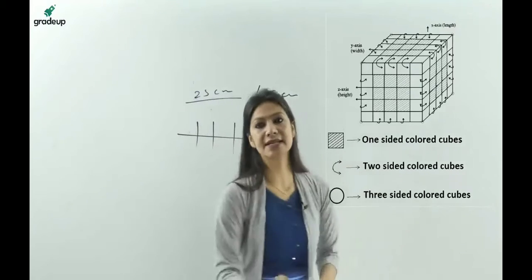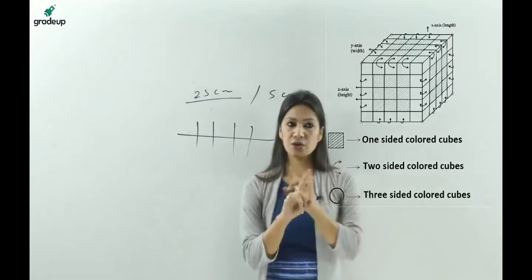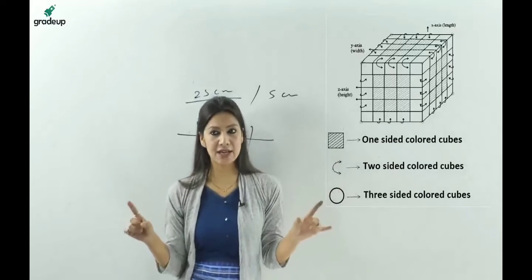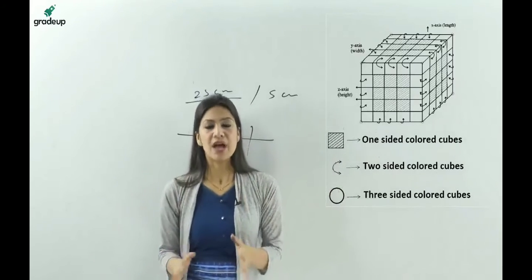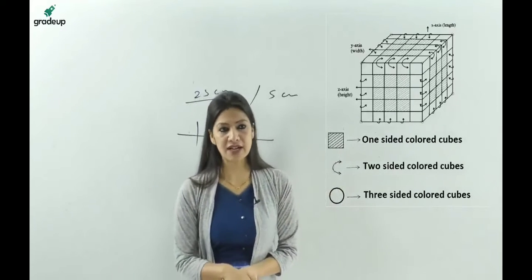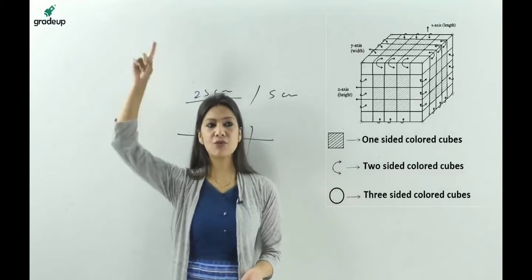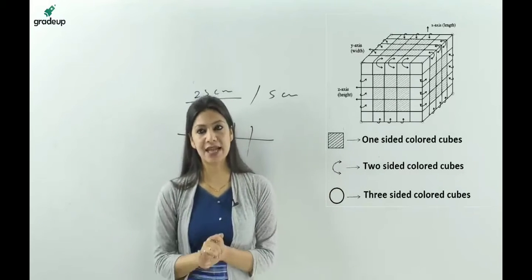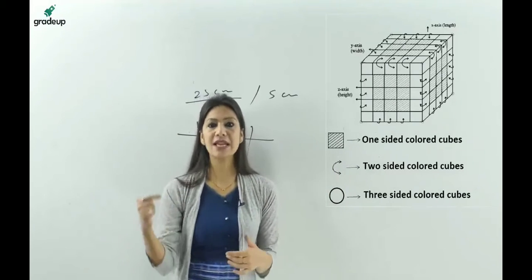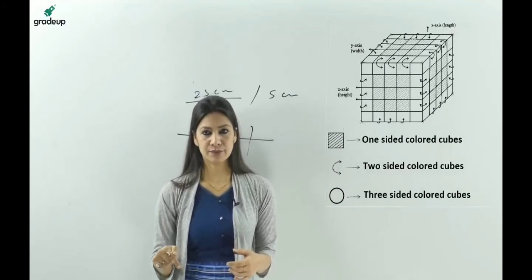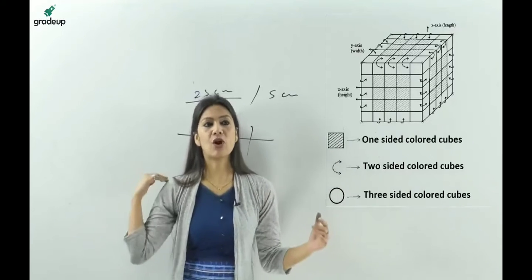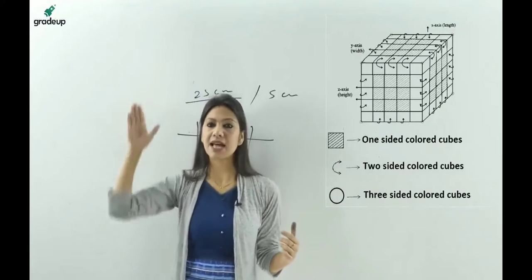Now the point is, we don't have a single line, but we have a cube. A cube is a 3-dimensional figure having an x-axis, a y-axis and also a z-axis. That means I am talking about L, B and H: its length, its width and its height, okay?